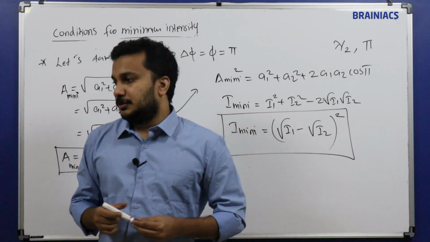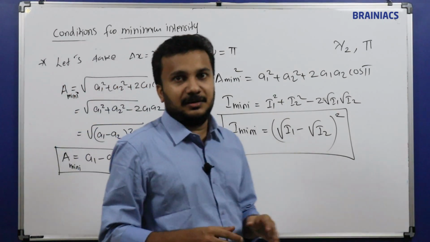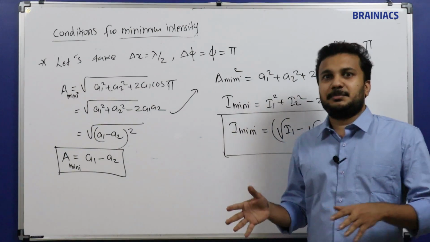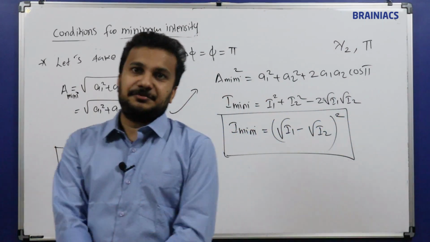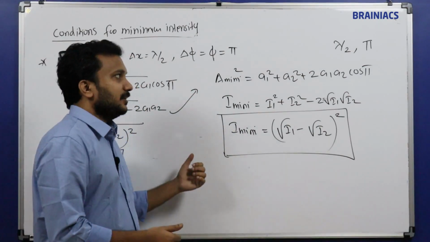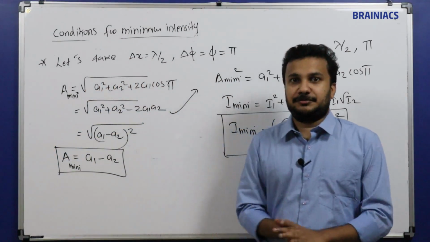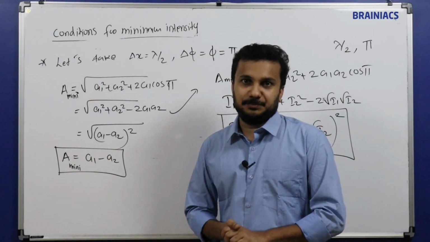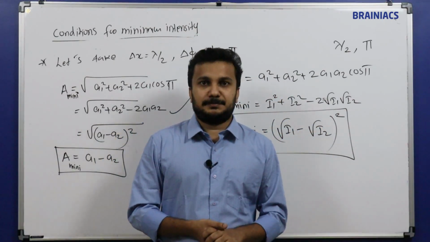So now we have learned the condition for constructive interference and the condition for destructive interference. This is very important. This is the pulse of this chapter. Based on this, we are going to learn about Young's double slit experiment, single slit diffraction and many more. Hope this lecture is clear, and we have completed the first part of interference. We still have more to go with the applications of interference.